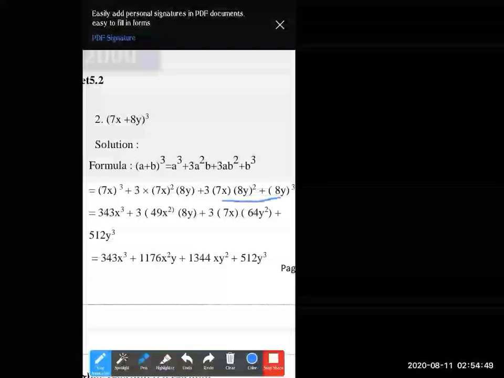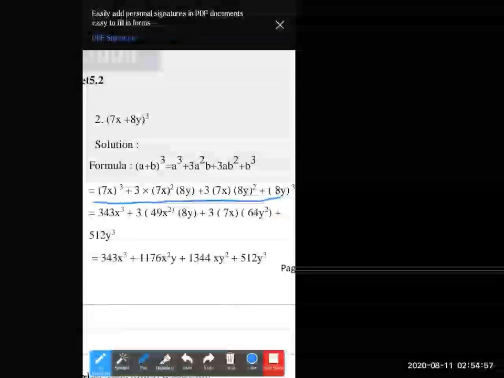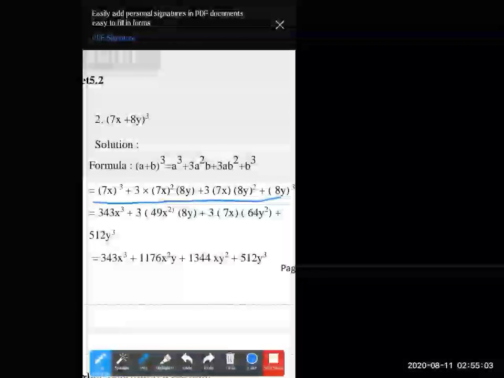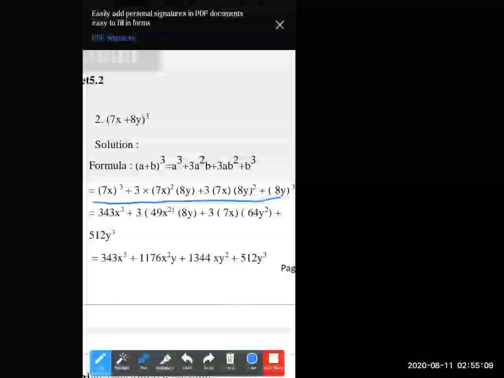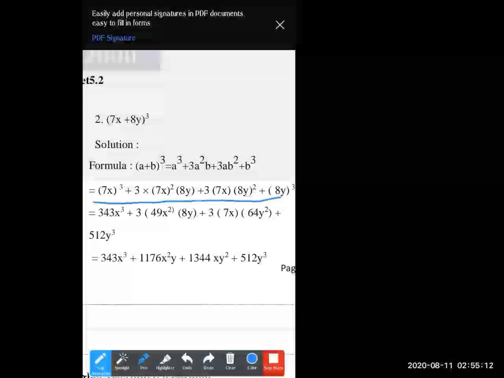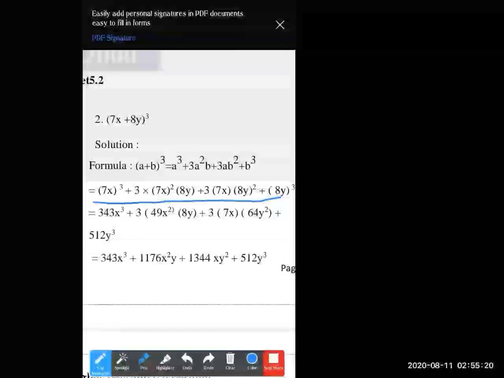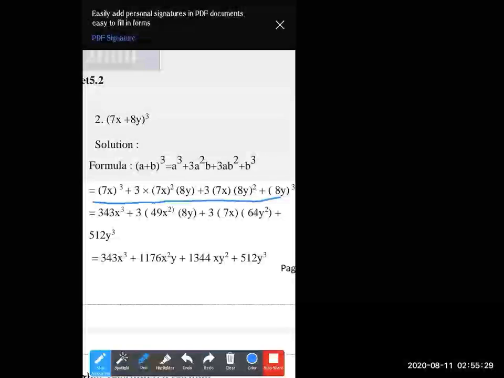Here first you will write the values by using the formula. That is 7x cube. First is a cube, that means 7x cube, plus 3a square b, that means 3 into a, kya hai hamara 7x ka square, then into b, kya hai hamara 8y. So here will be 3 into (7x) square (8y), bracket close, then plus 3ab square, that means 3 into a, kya hai hamara 7x, 3 into 7x into b square.